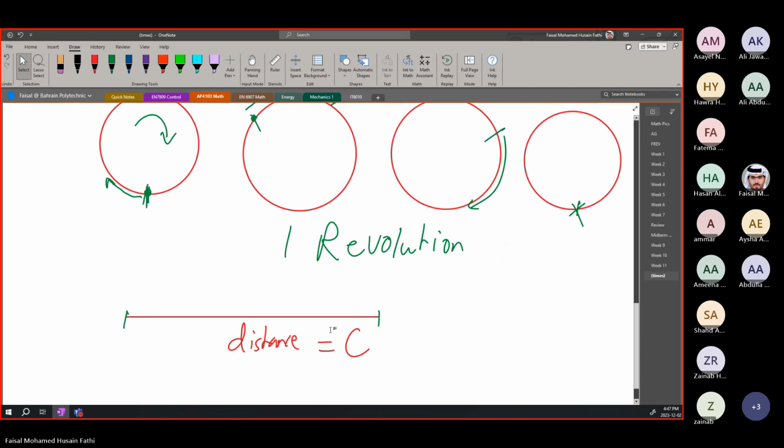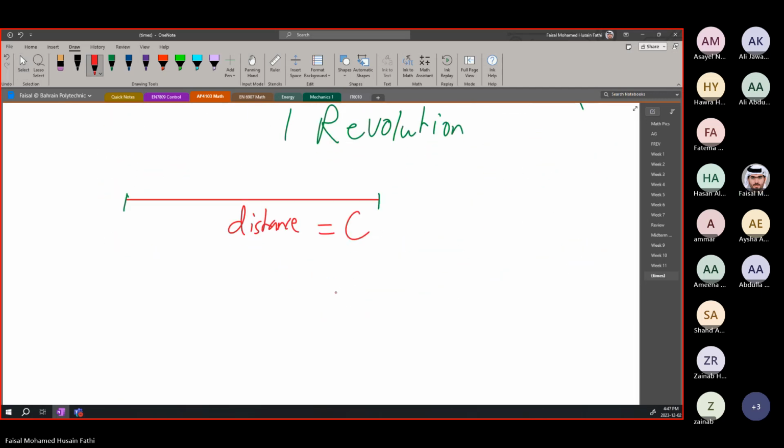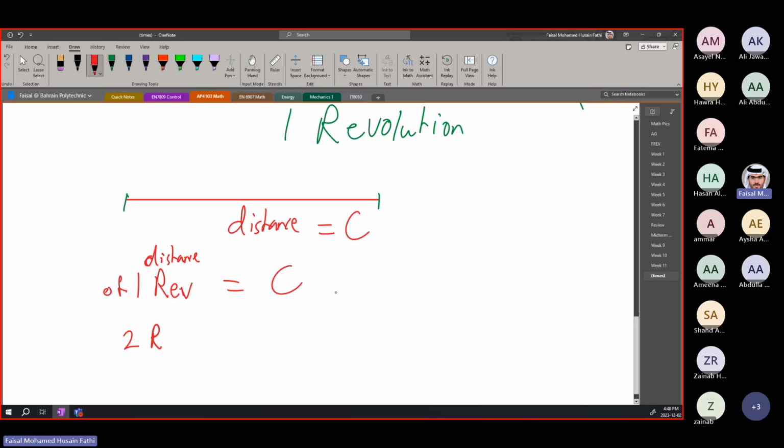So the distance of one revolution is equal to the circumference. The distance of 2 revolutions will be 2 times the circumference.